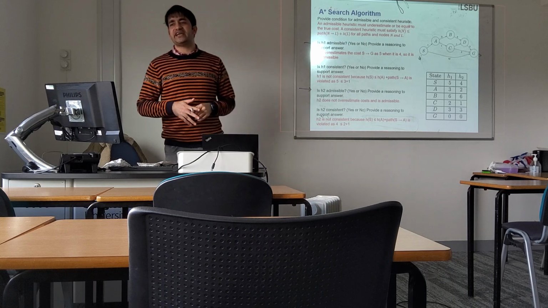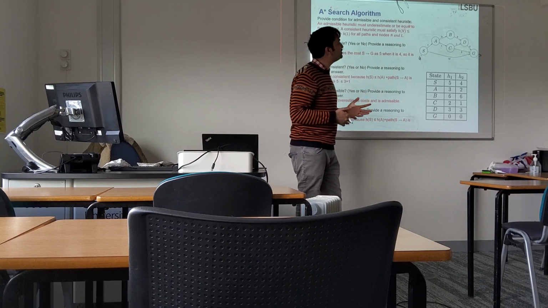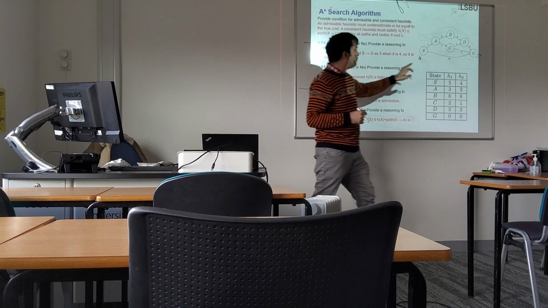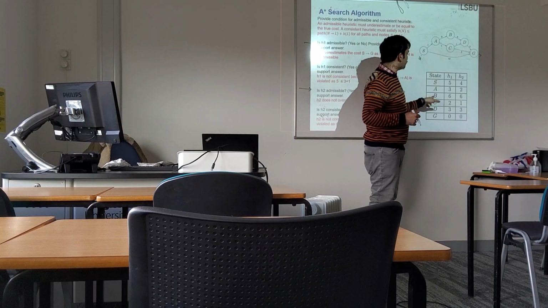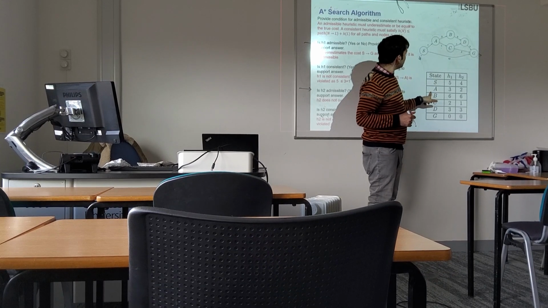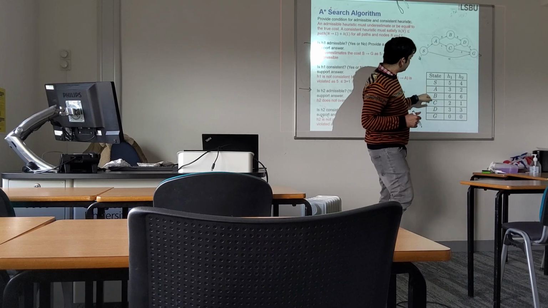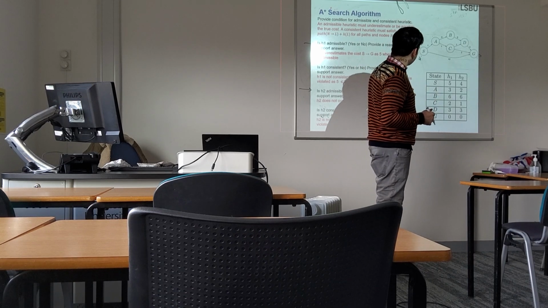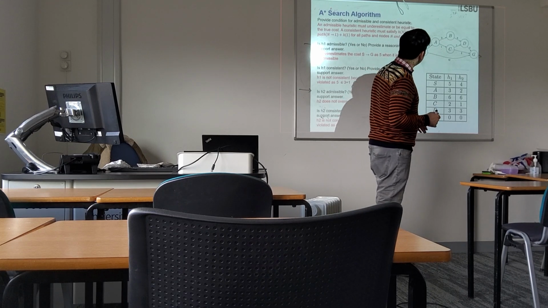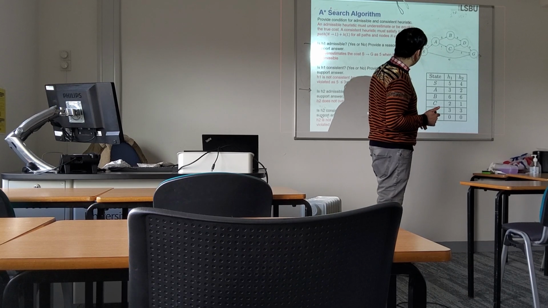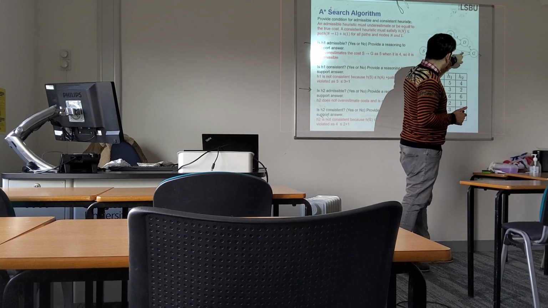So this is how we check the admissibility. But you can check admissibility at each node. For example, if I check at A, it's 1 and 2, 3. From D to G, you can see that it's saying 3.